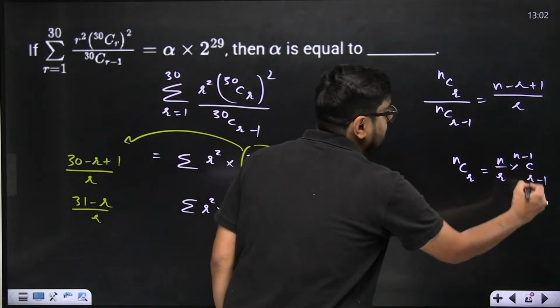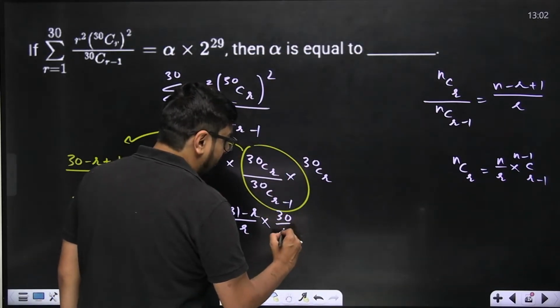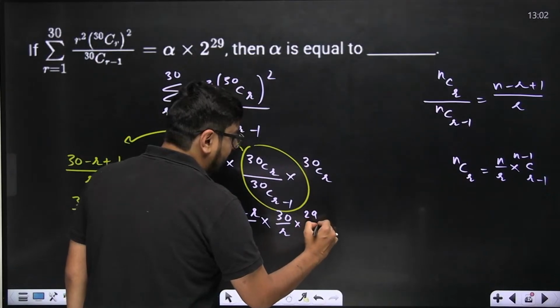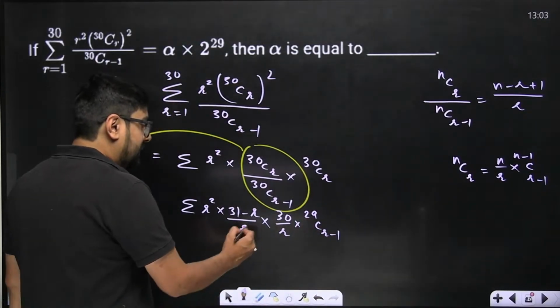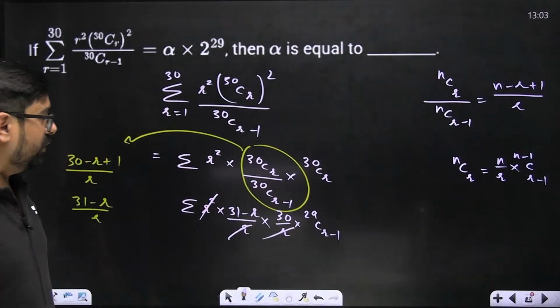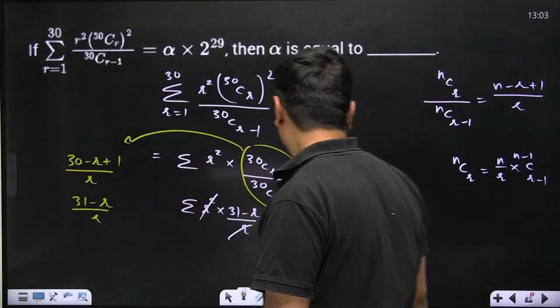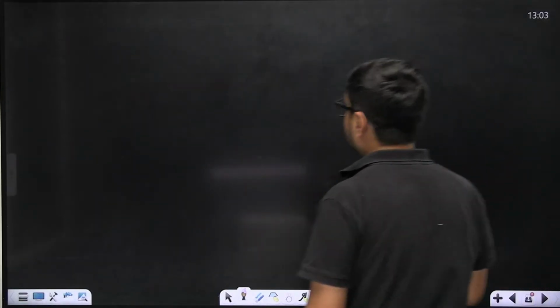So this I can write like this, 30 by R multiplied with 29CR minus 1. What will happen? This R will cancel this R square now. This is what is going to help me. So now 30 minus R multiplied with 30 into 29CR minus 1.